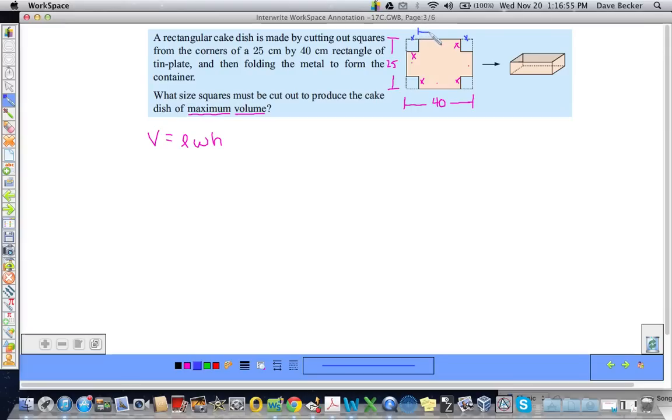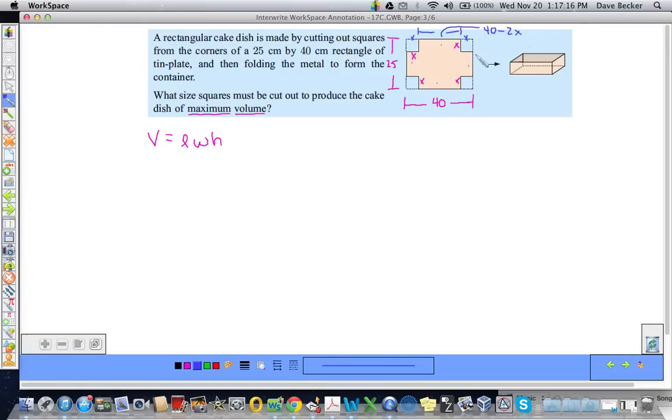So that helps us get the length of the little tab here that's folded up to be this side. The length of this tab is 40, the entire length, minus the 2 x's. So this would be 40 minus 2x.